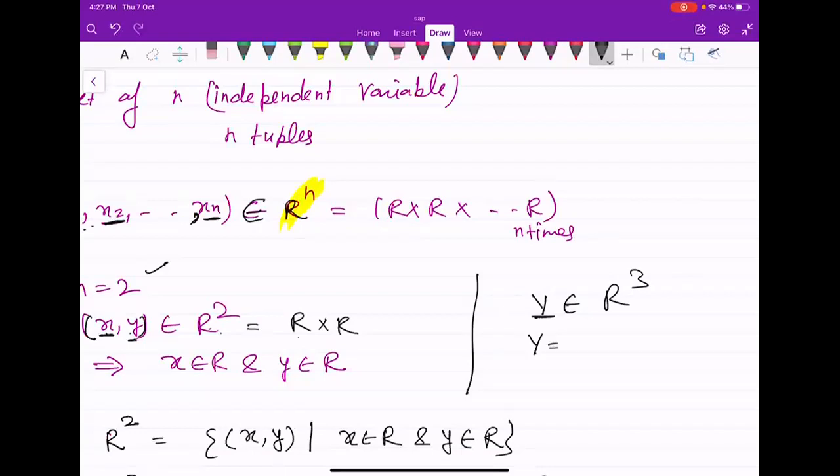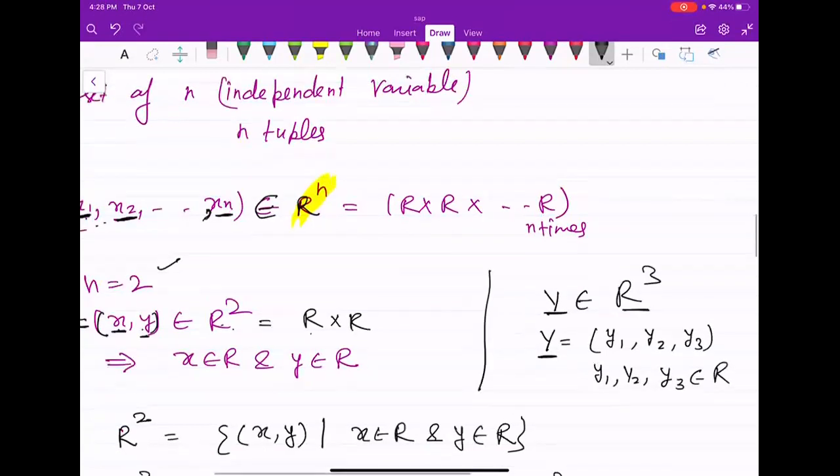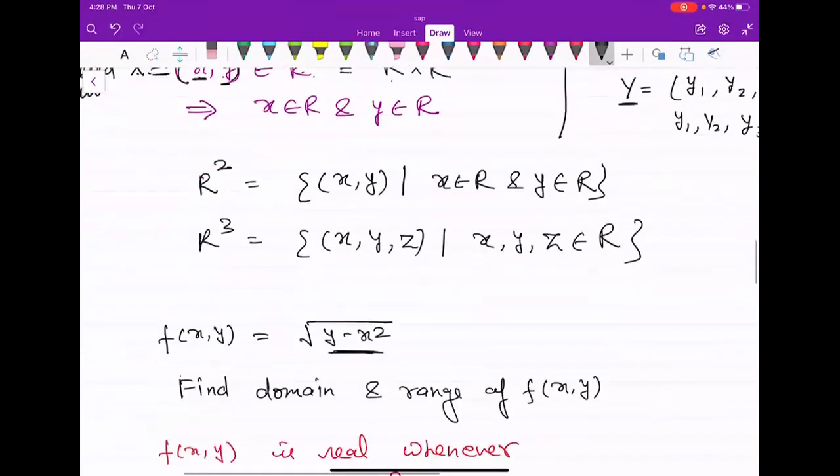This y has three components, y1, y2, and y3, and all three are real numbers. Understand? So if I write y belongs to R cube, it has three components. If I say y belongs to R5, that means 5 components. That I discussed in the previous class.